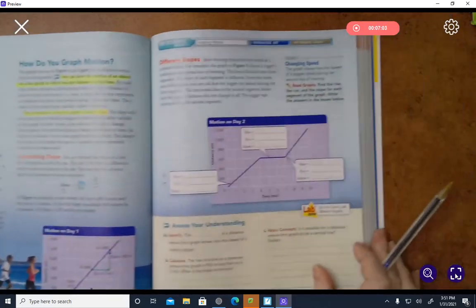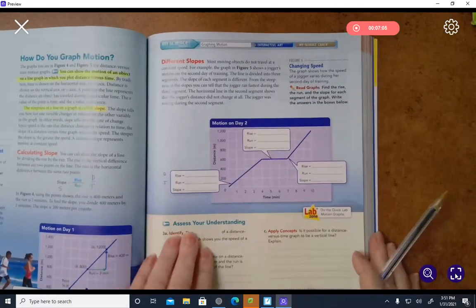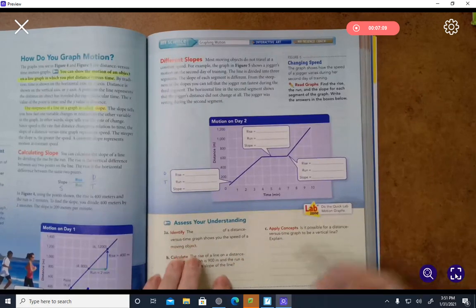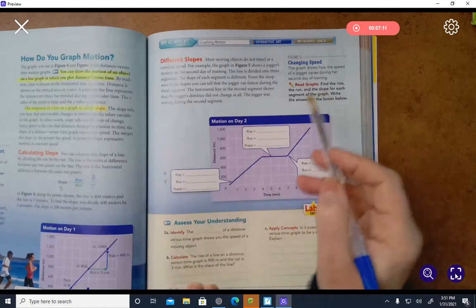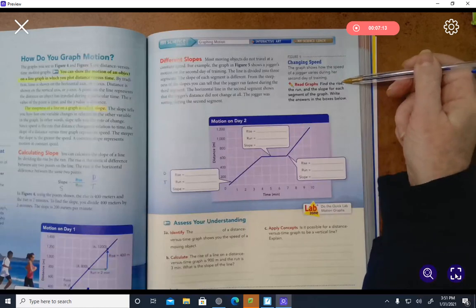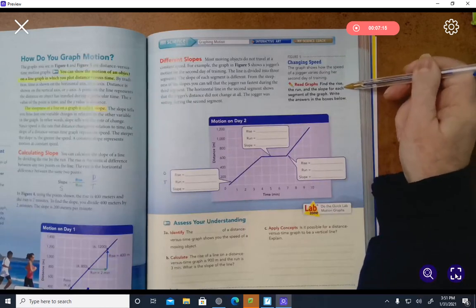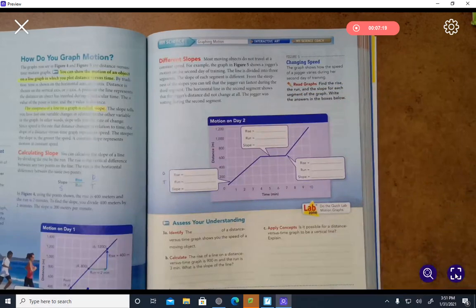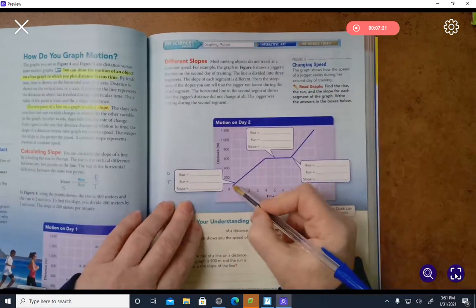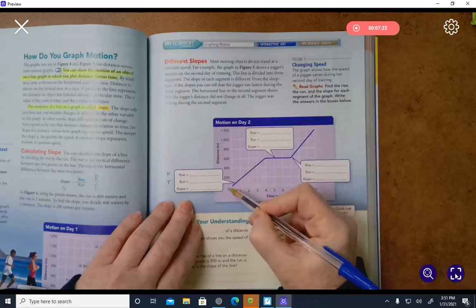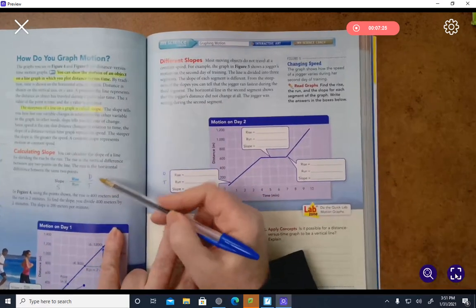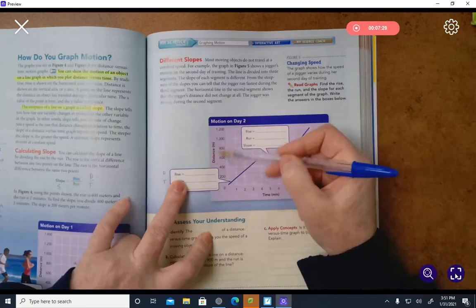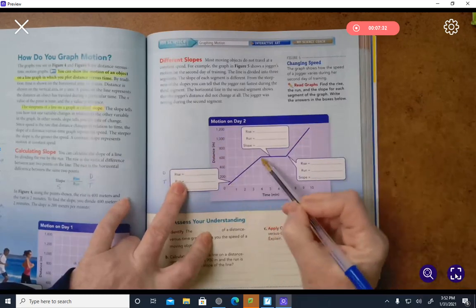So let's go over here and see if we could figure this out. Now, what I calculated was, it says here to find the rise and the run and the slope for each segment of the graph. So I thought they talked about this segment. So since I know that the rise, which is how much this is here, would be the distance, I went from 0 to 600.